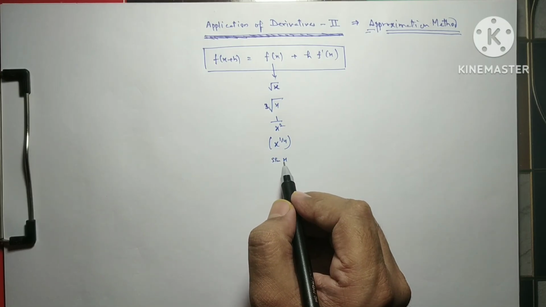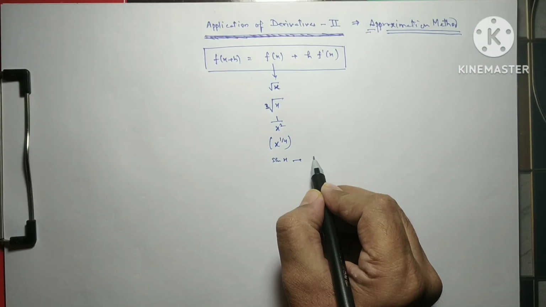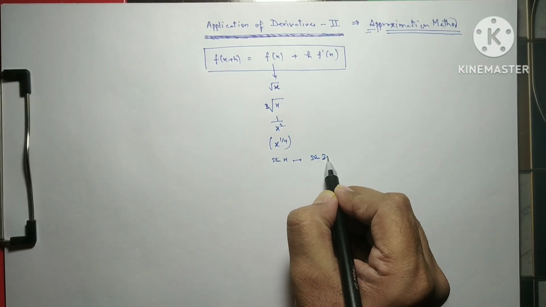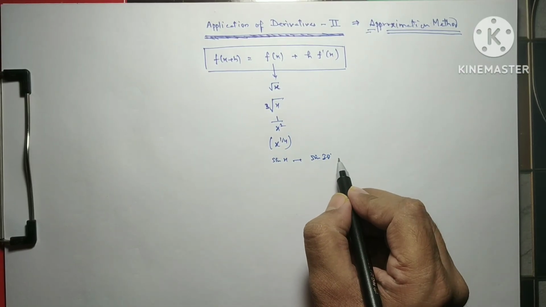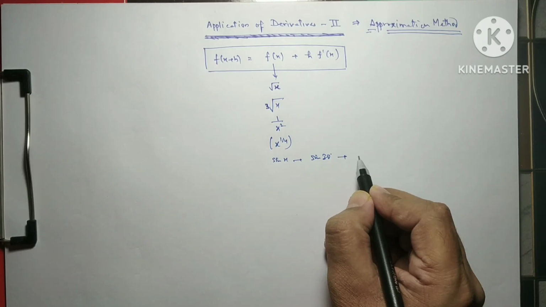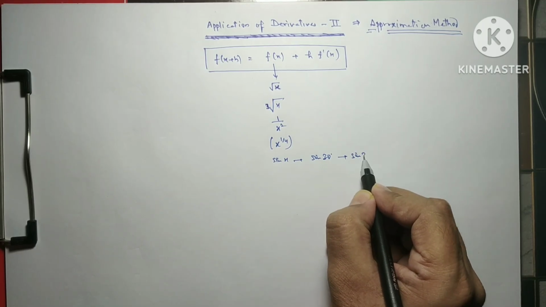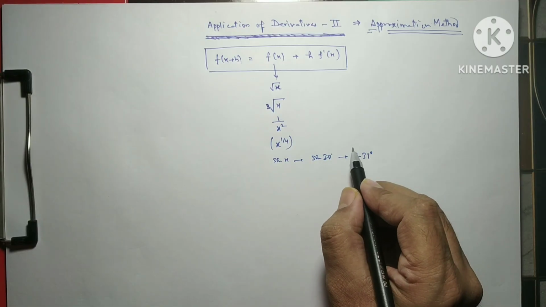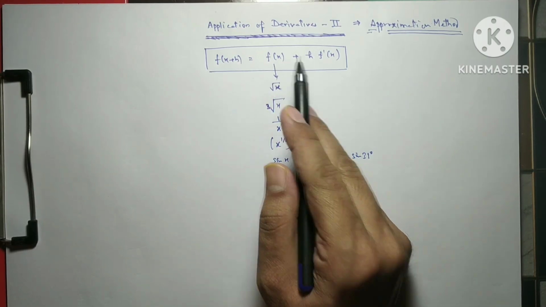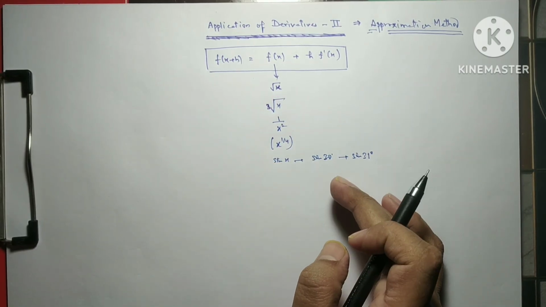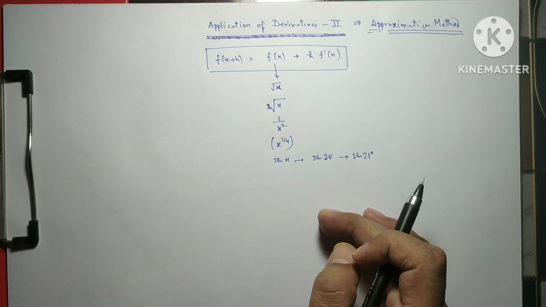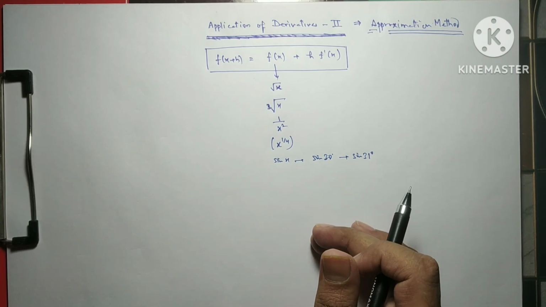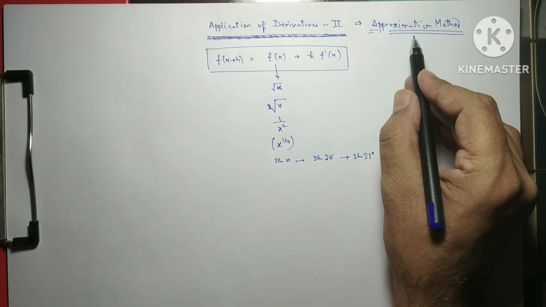We know the standard values, just like sin 30, so easy. But if we want the value of sin 31 degrees, it is difficult. In such cases we will use this formula, which makes it easier to calculate, but the value will be approximate, not the exact value.